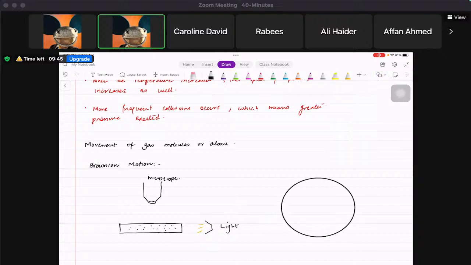What he basically witnessed was that, so this is the microscope view, the smoke particles are moving randomly like this. Is it clear? All the particles are moving randomly.